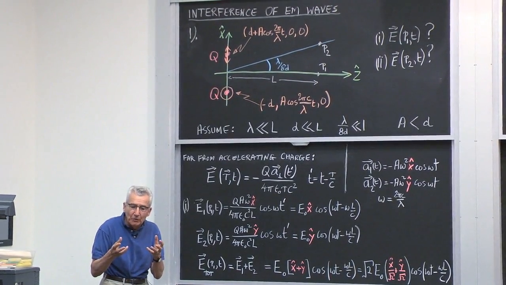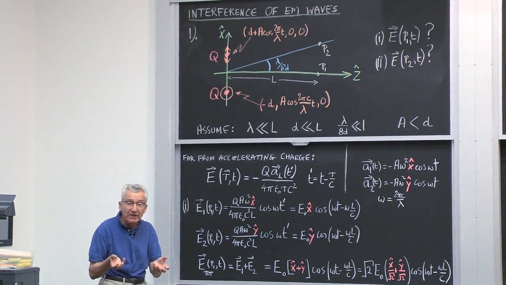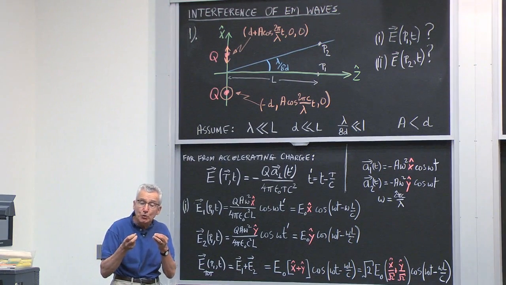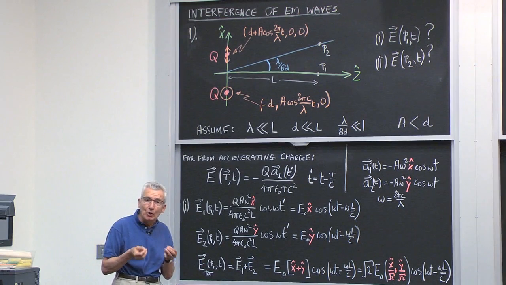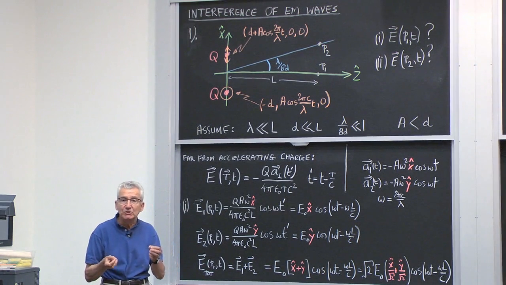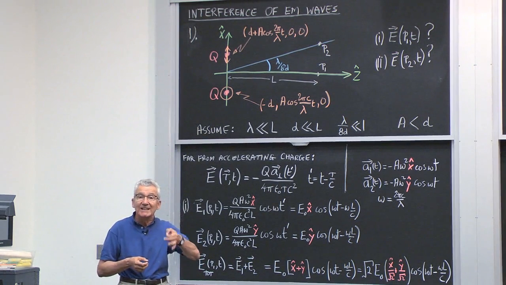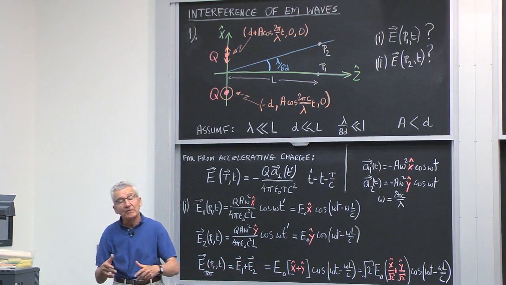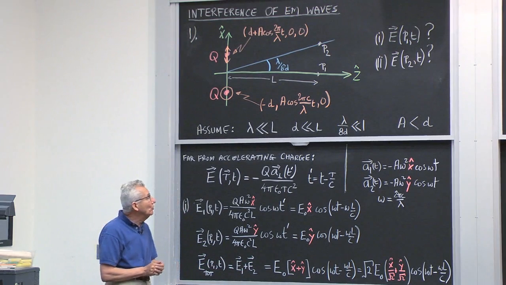We build on our experience, and what we will do is assume that we've solved the problem of what happens when a single charge is accelerating. We've done this several times in the past, and certainly Professor Walter Lewin has done it in the course.